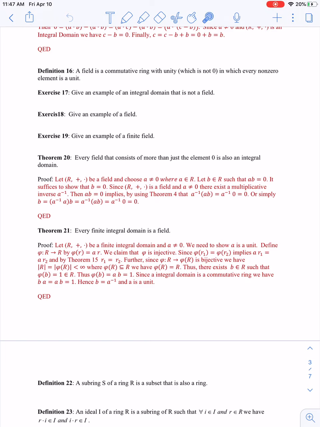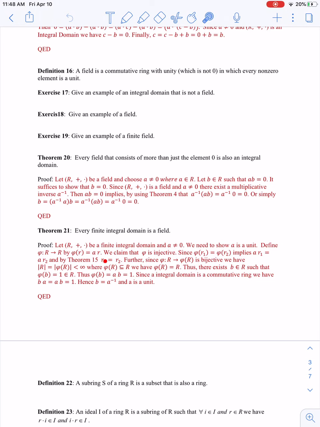Therefore, it is bijective. Remember that if I have a bijective map from one set to another, that's exactly what it means for them to have the same cardinality. All right, so what do I conclude? The cardinality of R is the same as the cardinality of phi of R, and both of those cardinalities are less than infinity because I have a finite integral domain.